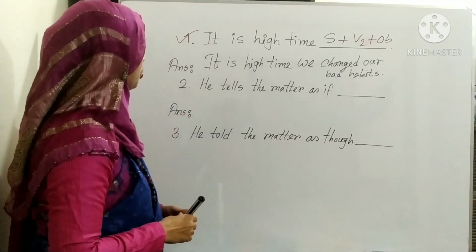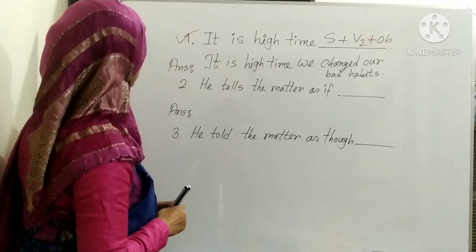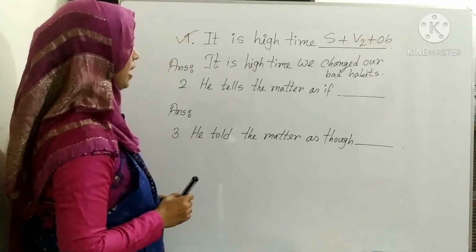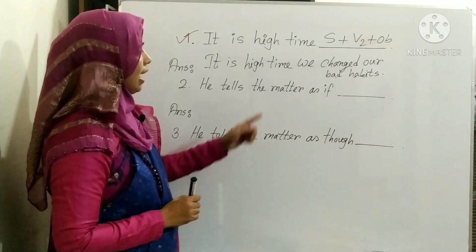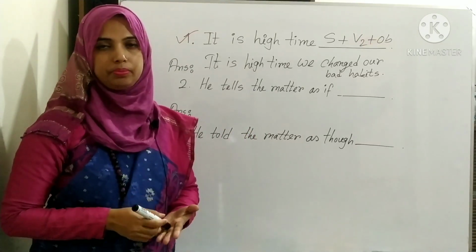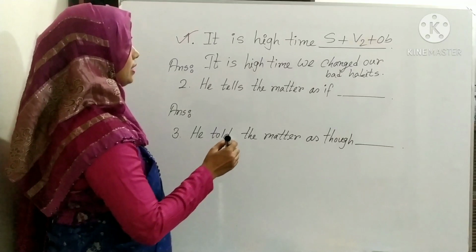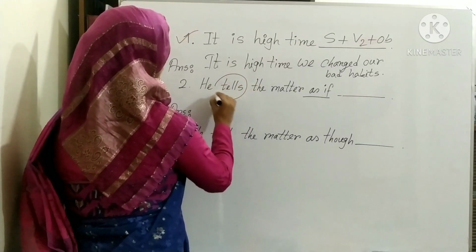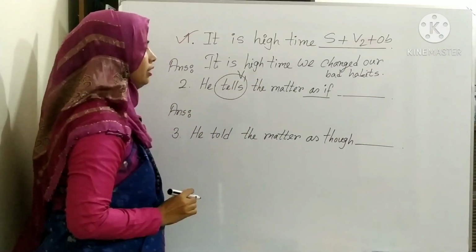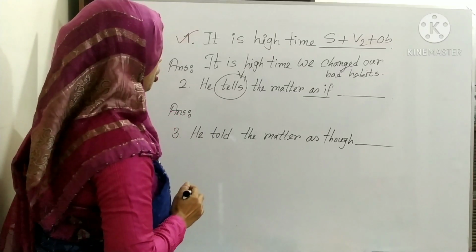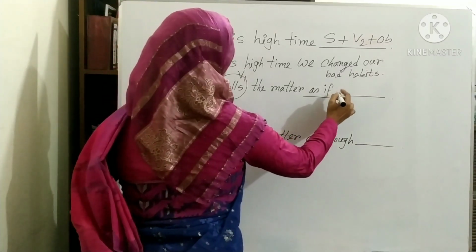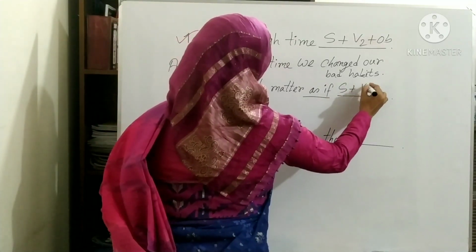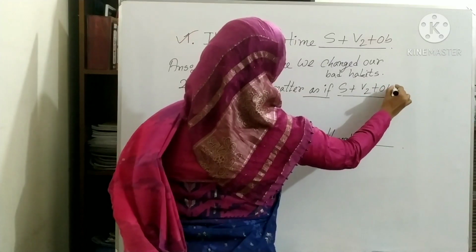Okay, now moving on to the next sentence. Here you can see that the sentence is, he tells the matter as if. So for as if, what will be our rule? We know that before as if, if we find the verb in V1 form, then what to do? Of course, we'll write after as if, subject, then V2 and then object.